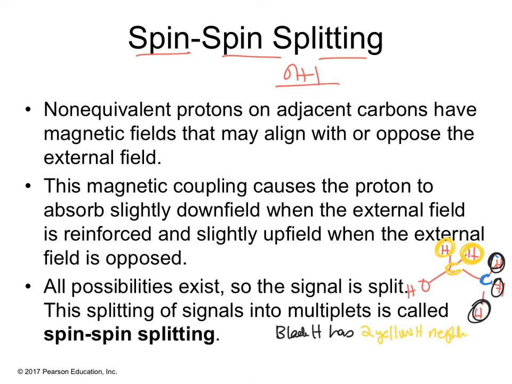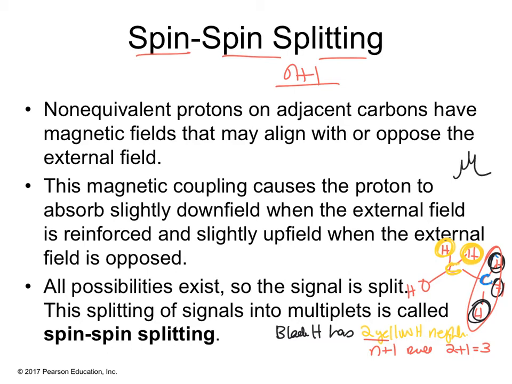Okay, so this rule by Pascal is called your neighbor plus 1 rule. And so if it has 2 neighbors, what's 2 plus 1? 3. So what you're actually going to see is a peak for the black hydrogens that looks like a triplet.